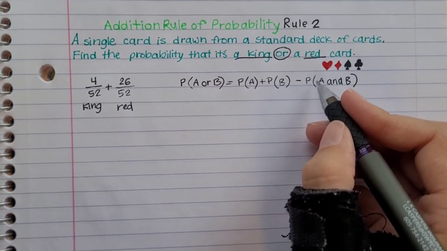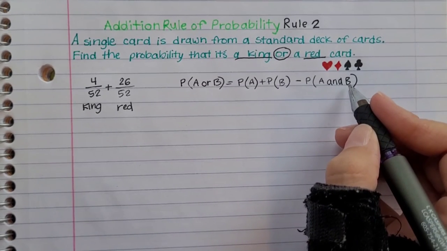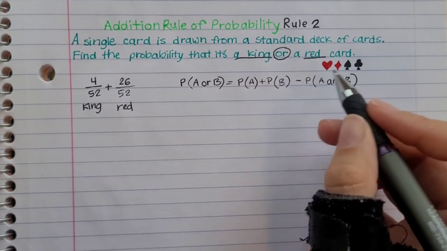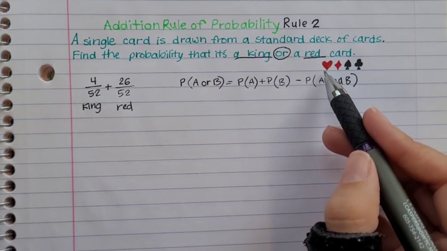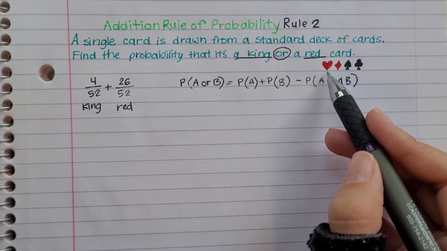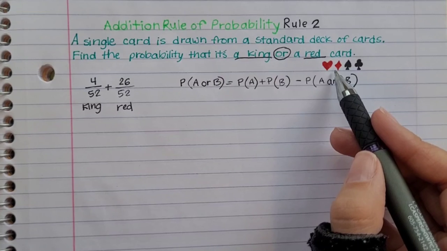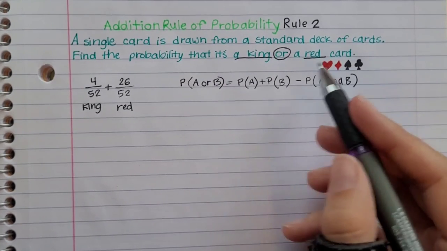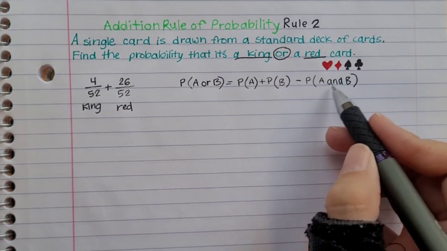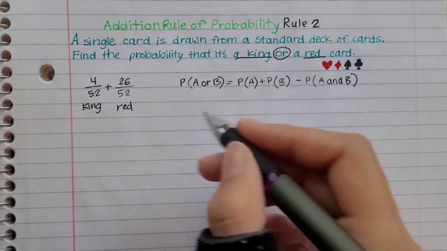minus the probability of A and B. So A and B is both kings and red cards. And we discussed 2 of those cards would be kings and also red. So in our deck of cards, we have 2 out of 52 that satisfies this part right here.